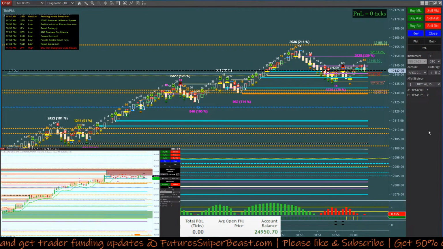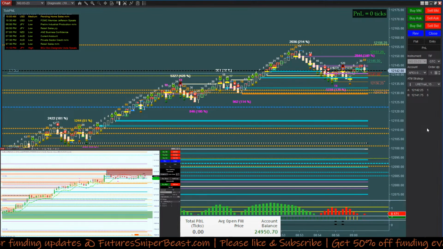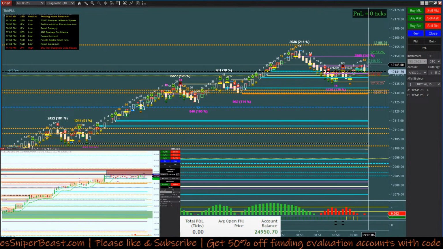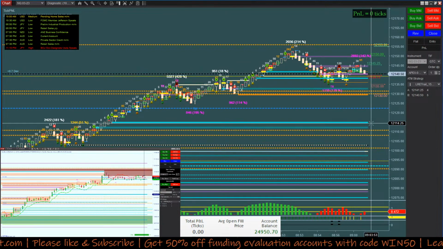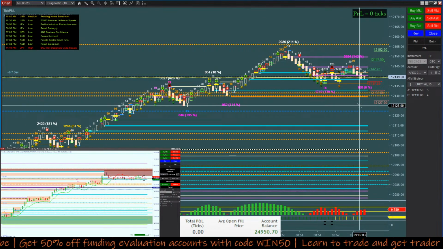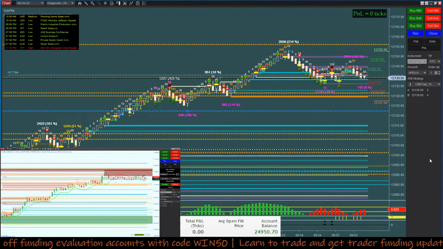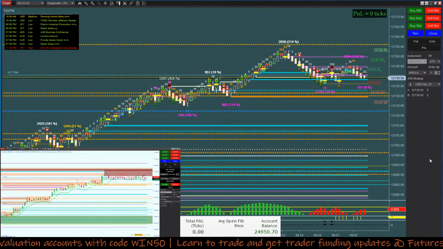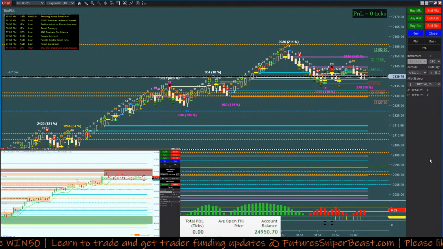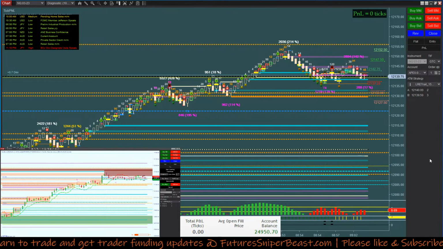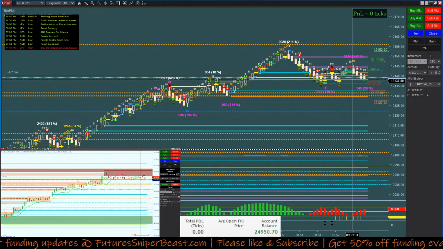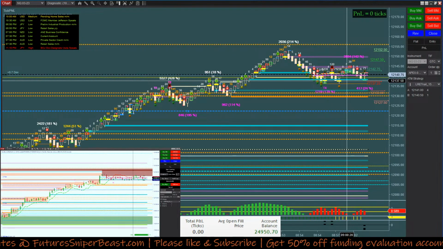Now, people could place some orders, but at the moment, I would not expect it to break above this little 10 tick ZOI here based on the orders. Potential TX on NQ.